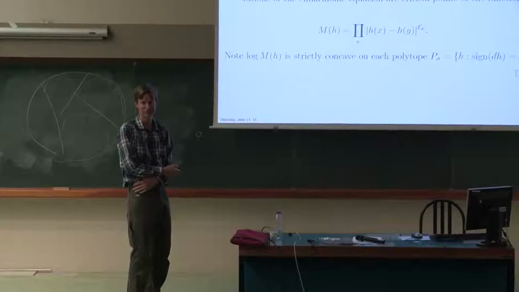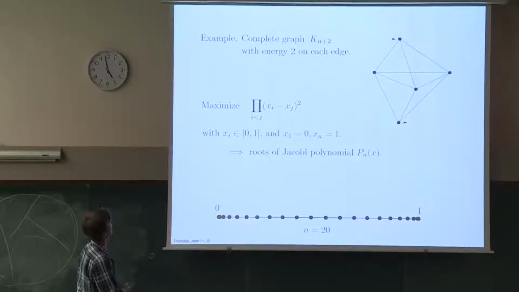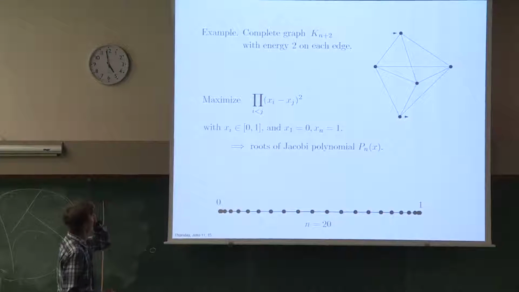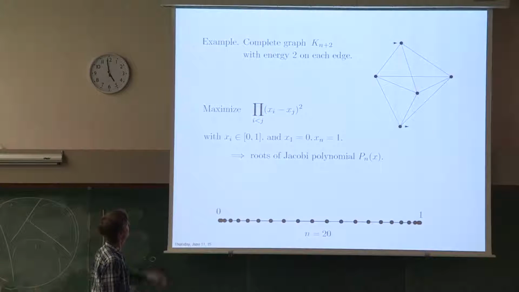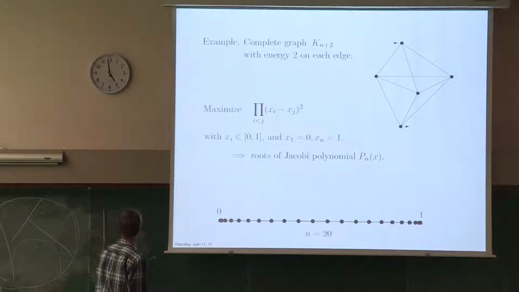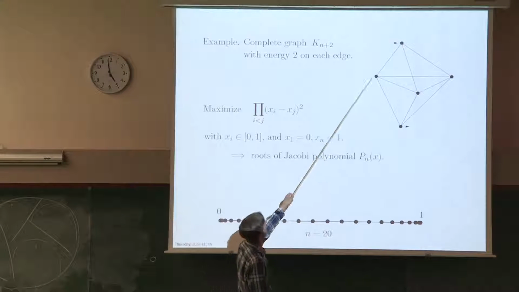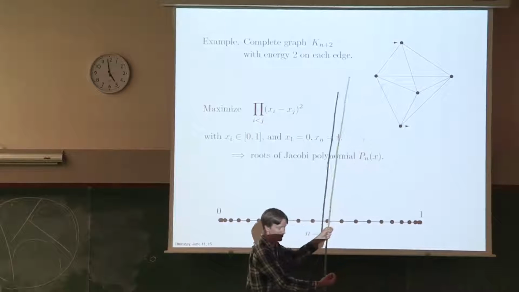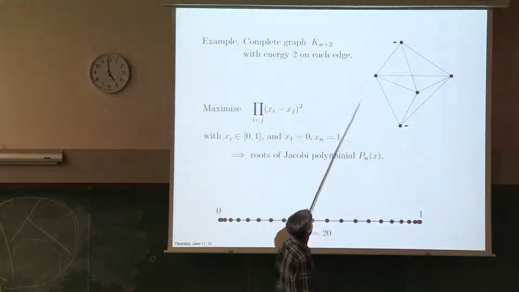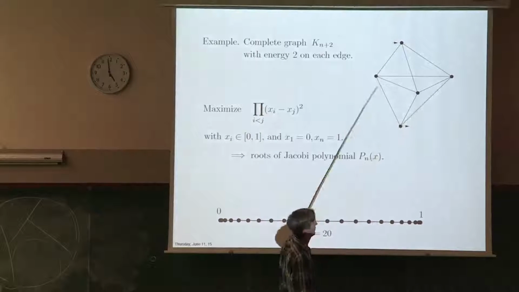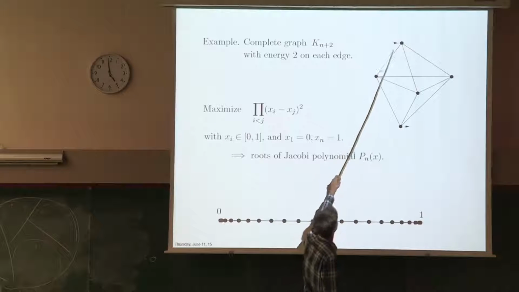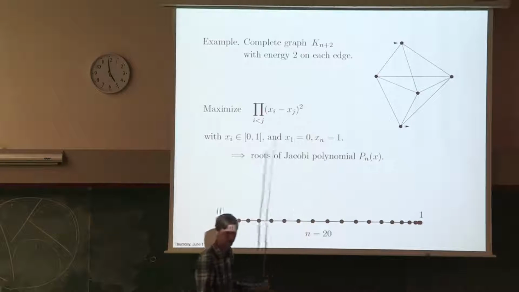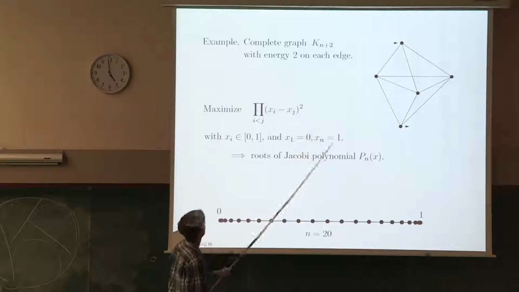Any other questions? Okay, so here's a very simple example, which connects to something else. If I have the complete graph Kn, well, Kn plus 2, so I have two favorite vertices, which are the boundary vertices, and then I have a complete graph Kn in between, connected to those and connected to each other. I guess there should be one more edge from the top to the bottom, but it doesn't play any role because the boundary values are going to be fixed.